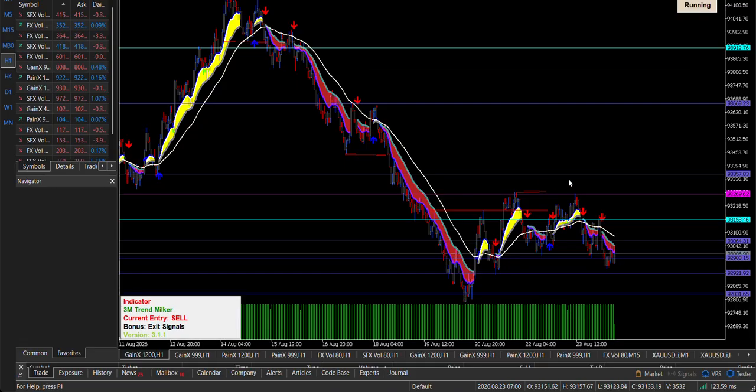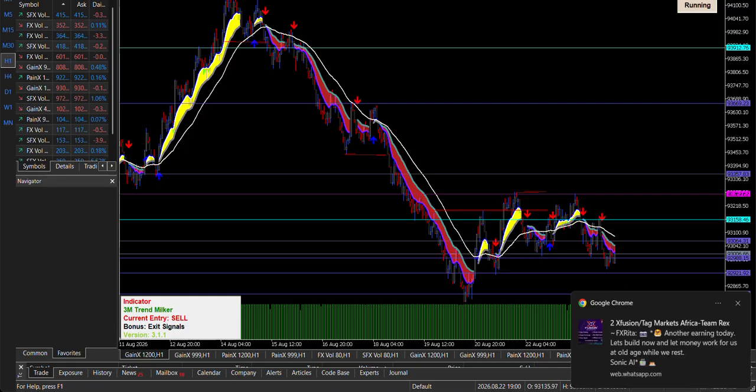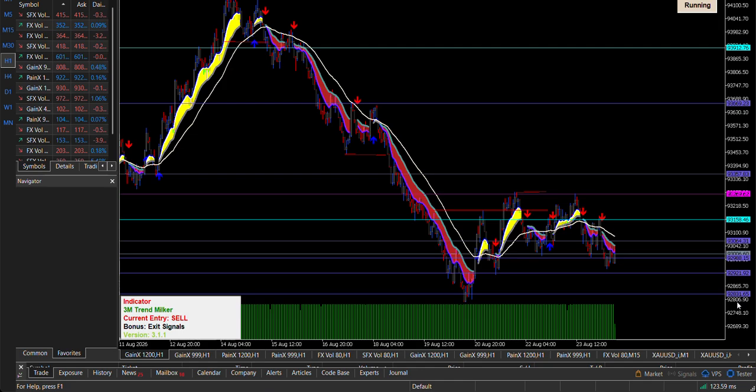So I see this as a pullback, and this is coming down again. If it breaks out below this support zone, then it's going to sell more. That is why I put the last TP here. If it breaks out below this, then definitely, guys, it's going to sell more. But if it does not, then it will go back and go on a full uptrend at that particular point. But for now, it is still selling.